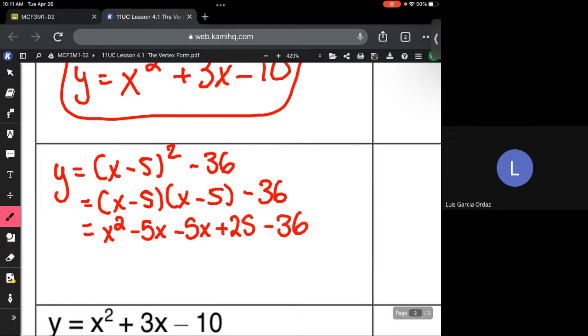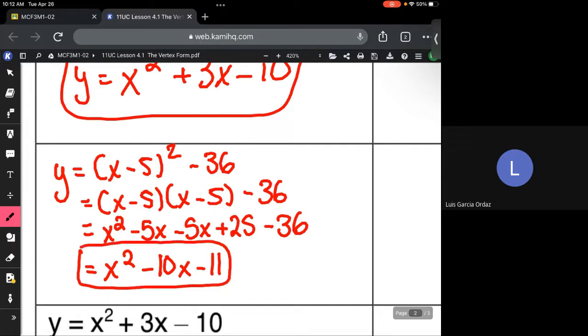Can someone else tell me what this simplifies into? Sarah? X squared minus 10x, and then minus 11. Yeah, perfect. So that would be my standard form.